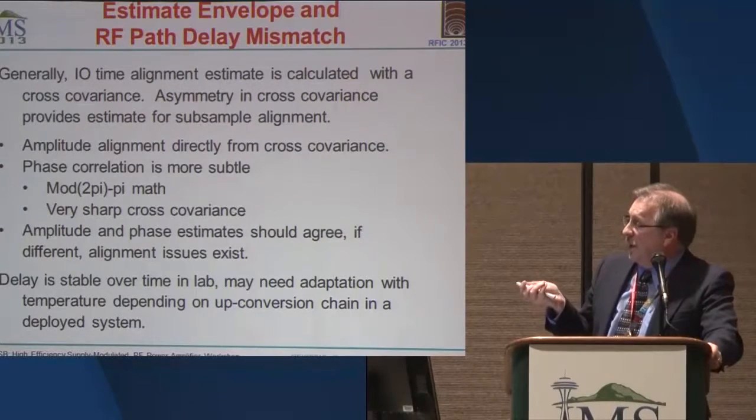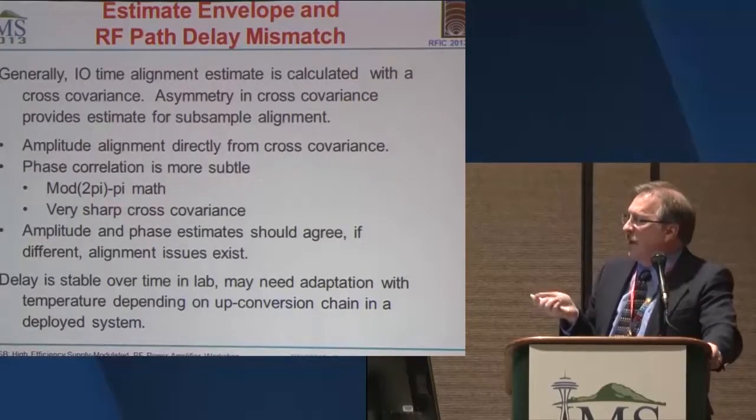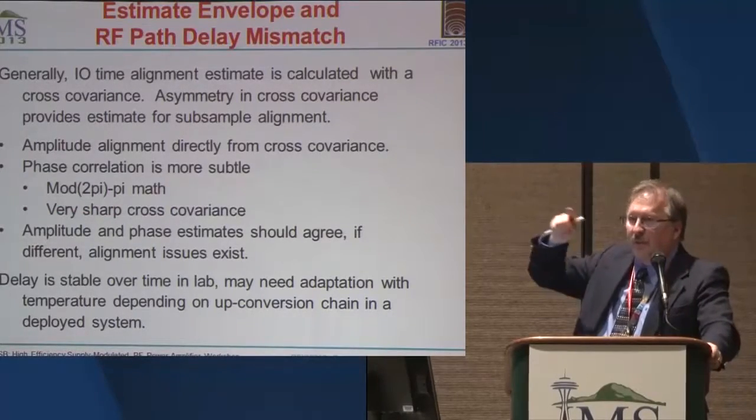The other issue when you look at the phase is that there's a very sharp cross covariance. That is a bit of a problem, in that if I want to use a cubic spline, for example, to predict where the off-zeroed point is, the cross covariance of a phase signal is actually more of a delta. And so a simple cubic spline doesn't model that very well.